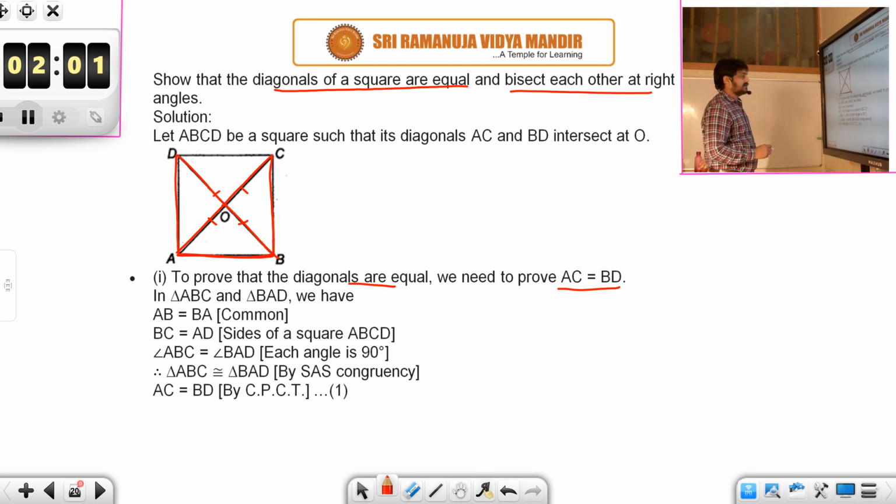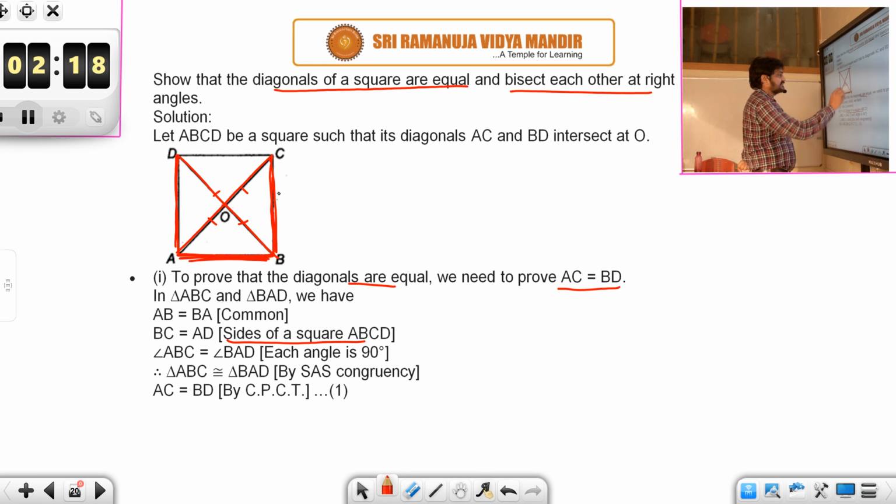In these two triangles, AB is the common side, right? And AD is equal to BC, sides of a square, right? And angle ABC is 90 degrees and angle DAB is also 90 degrees, because each angle is 90 degrees. What is a square? It is a rectangle in which all sides are equal, that is, each angle is 90 degrees.